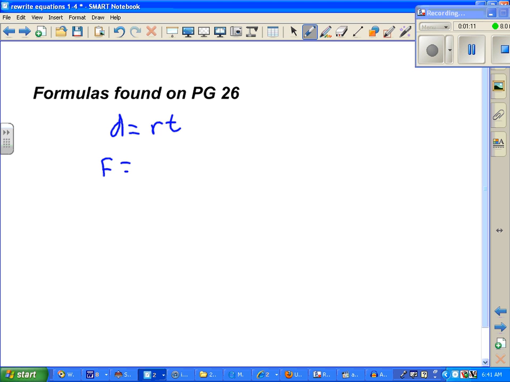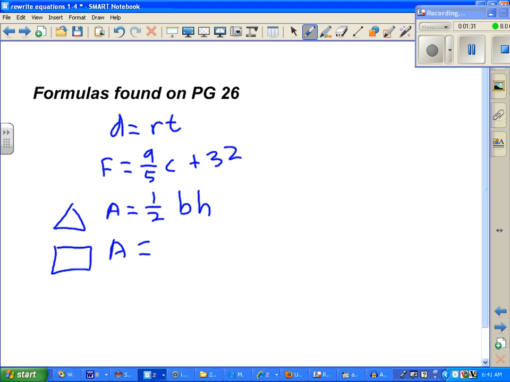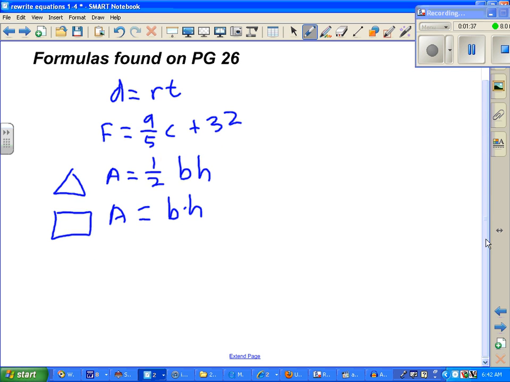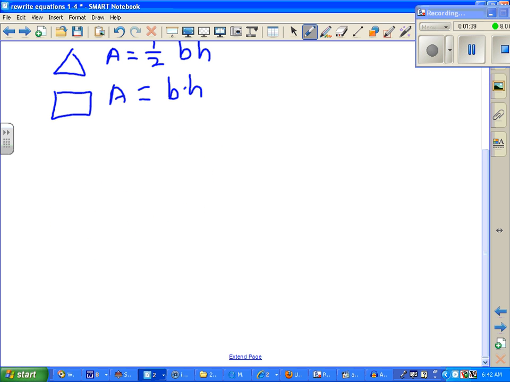F equals 9/5 times the Celsius measurement plus 32. Okay, area of a triangle, should know this one. 1/2 base times height. Again, this is a triangle. Area of a rectangle is length times width. We could go base times height. That'd be fine too. Okay.